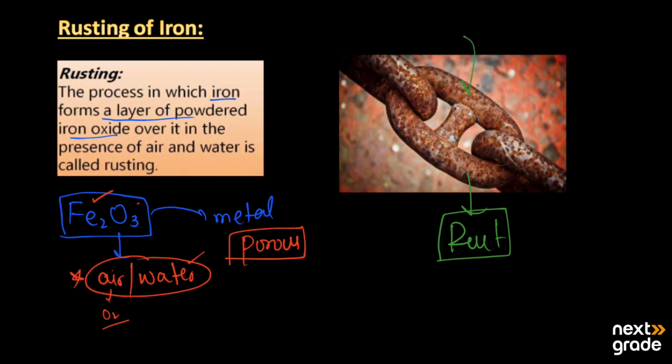Because the air contains oxygen, and the water is present as moisture in the air, they react with the iron. If we have some dents or ridges over the metal surface, they may come in contact with the iron and change into the iron oxide layer.